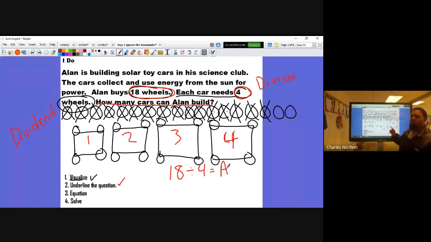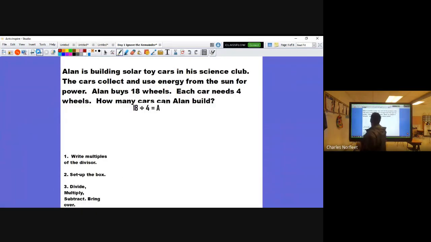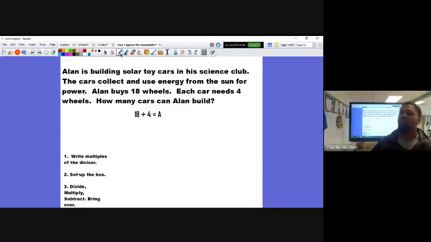All right, and I'm going to switch screens because I'm running out of space. So we have 18 divided by 4 is equal to A. The first thing we need to do, because we set up the equation, is label this problem. This is the same thing that we did last week.